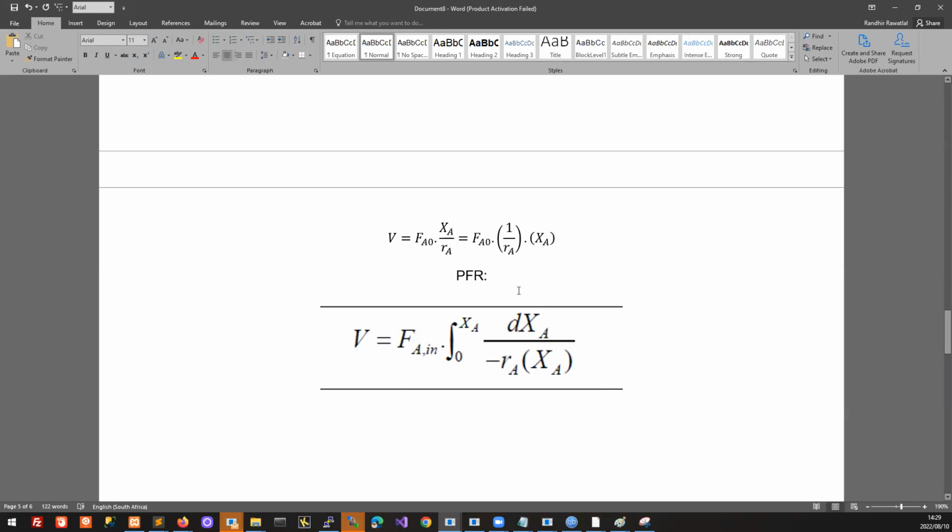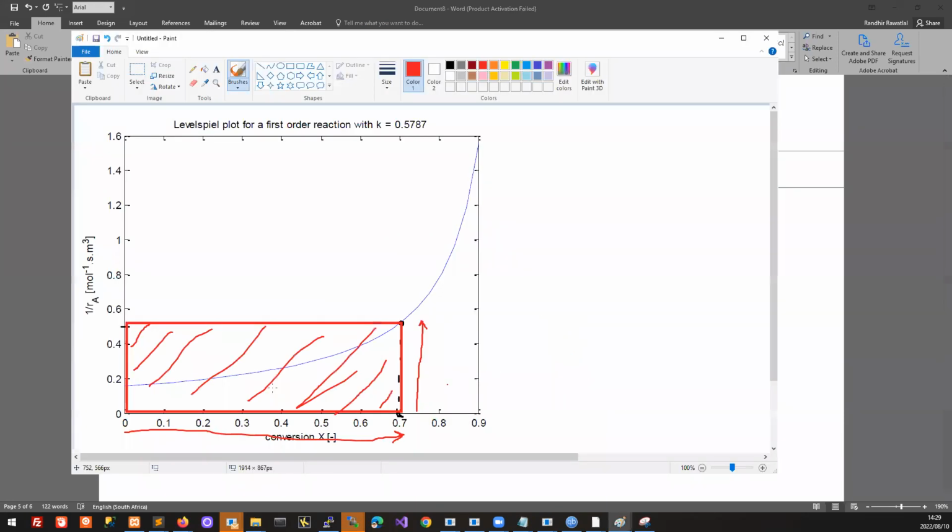Remember, y is 1 over RA, and we are integrating 1 over RA with respect to x. So geometrically, what's the integral of 1 over RA? 1 over RA is y, so that's basically the area underneath the curve. So the volume required in the case of the PFR is the stuff down here in the blue shading.